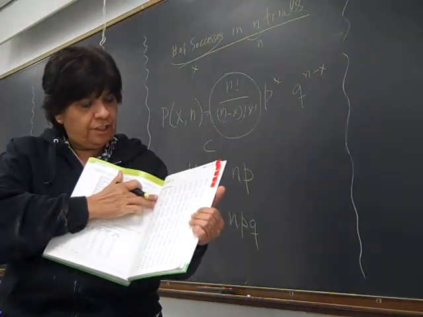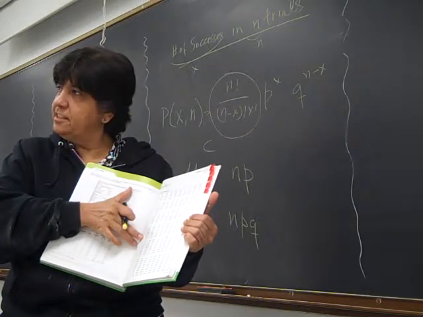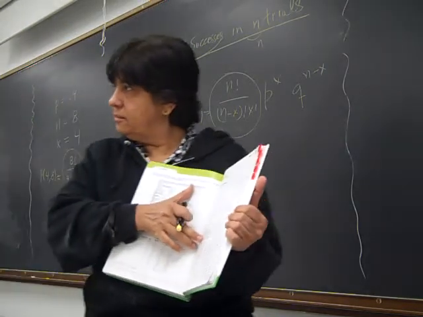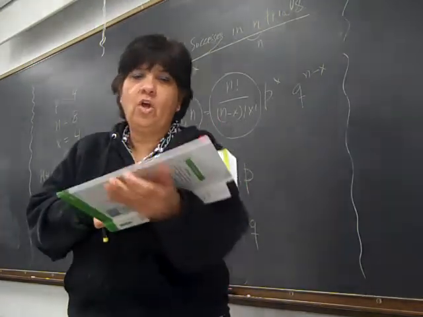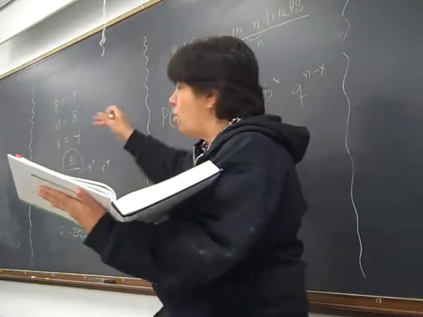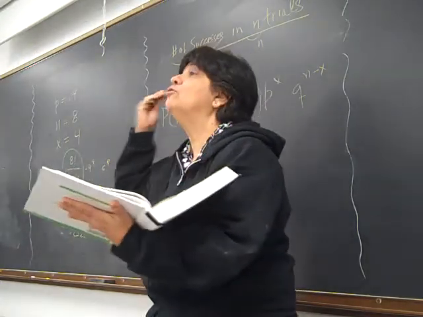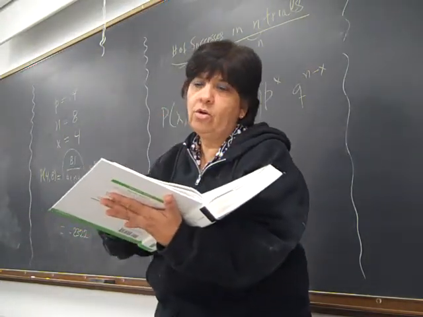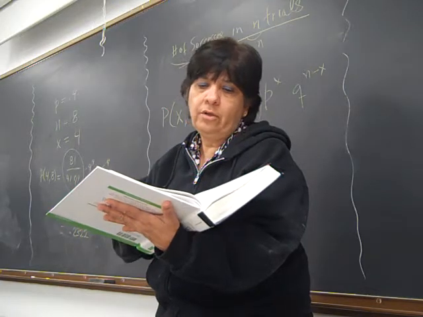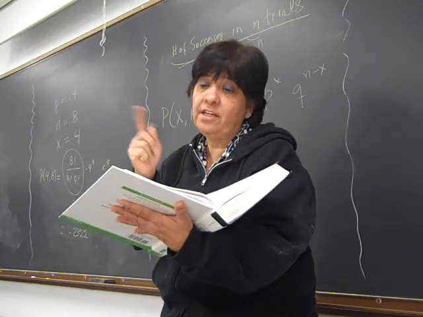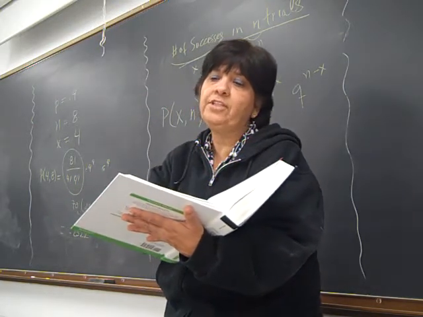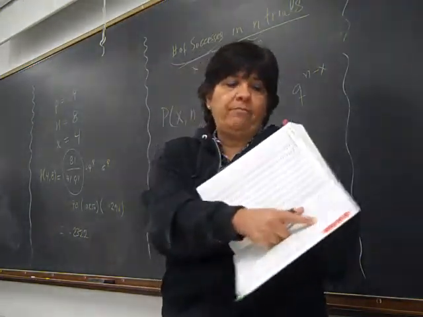On the left, you're going to see the n and the x. In order to do this problem, you need to find the probability of success, which is 0.4. So look for the 0.4, and you're going to start finding the probability on page 843.